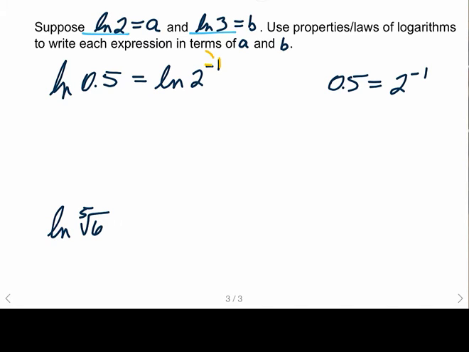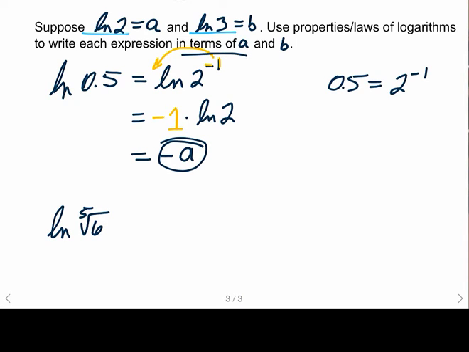The exponent can come out front. And so this is the same thing as having negative 1, if you like, times the natural log of 2. But then the natural log of 2, we are told, is represented using a. And so the answer is negative a. And this is what is meant by writing the expression in terms of a and or b.